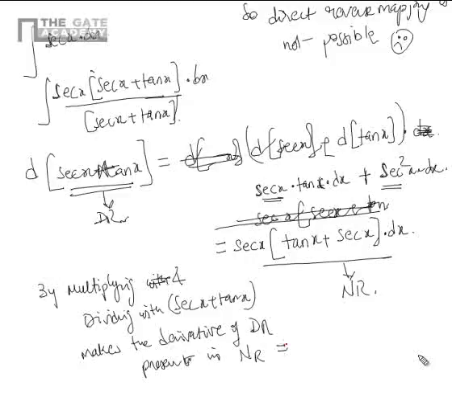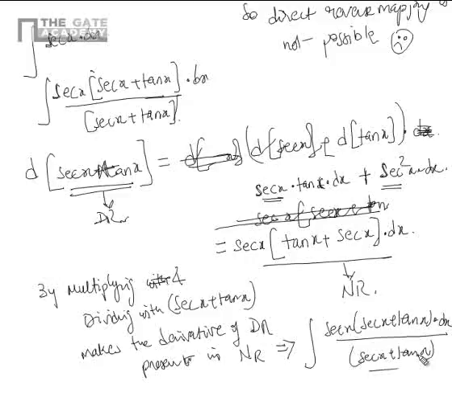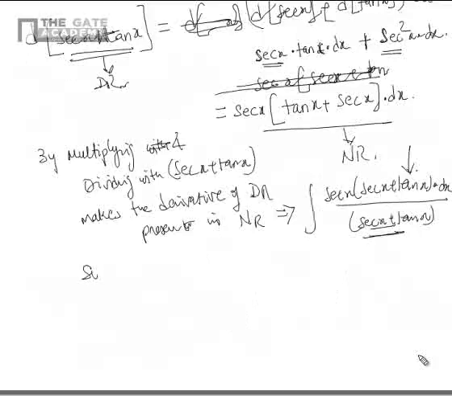This means I have the integral of sec x into sec x plus tan x dx by secant x plus tan x. The derivative of the denominator is here, so I can substitute secant x plus tan x as t.